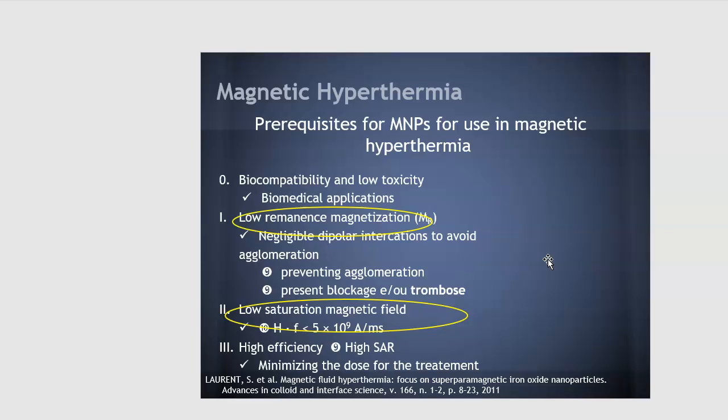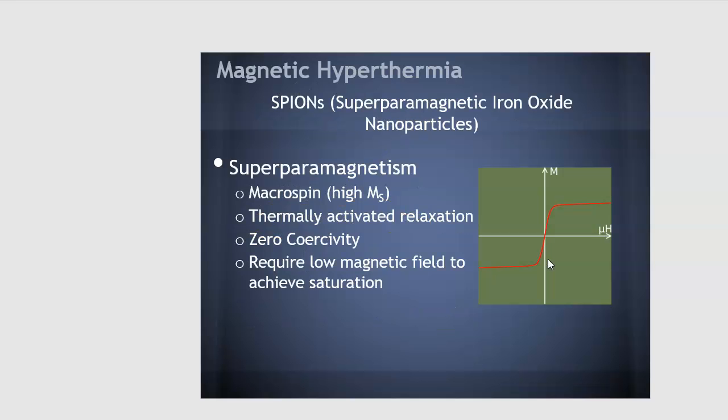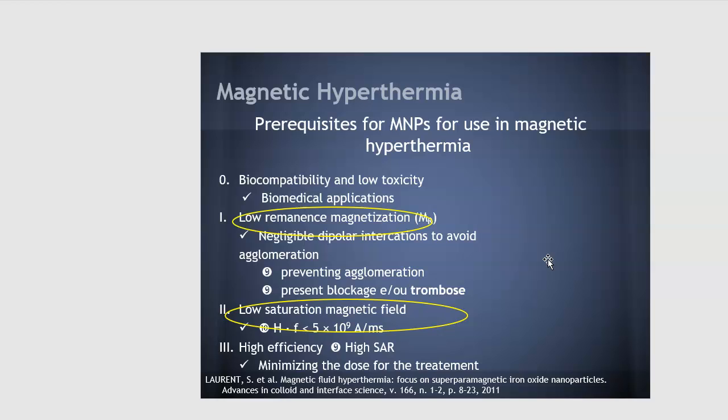This will help in avoiding the agglomeration and also to avoid the blockage when they are injected in the blood basically. So this is low remanent magnetization.